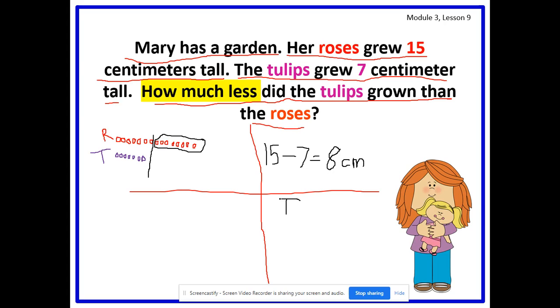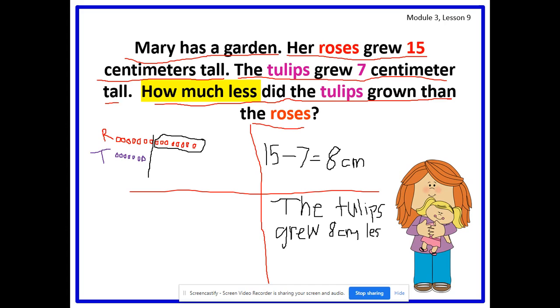So our statement would be, the tulips grew, let me just write my statement, grew, excuse my handwriting. Remember, you have to do quality work. 8 centimeters less than the roses, right?